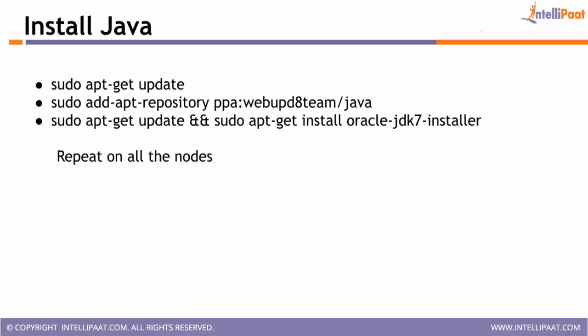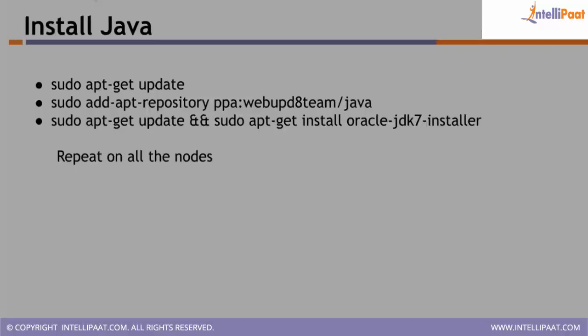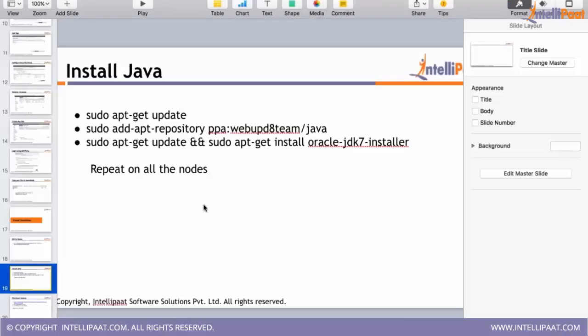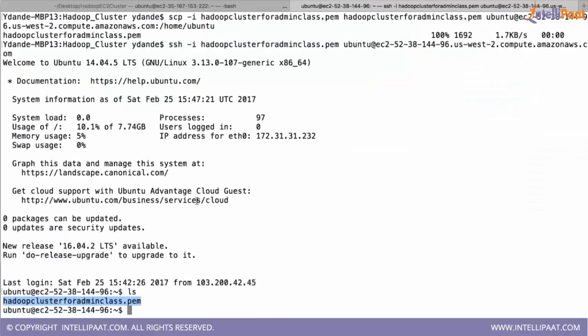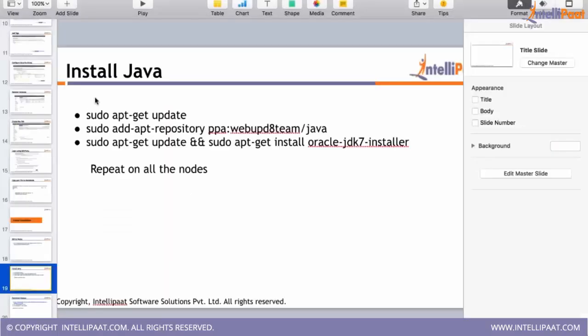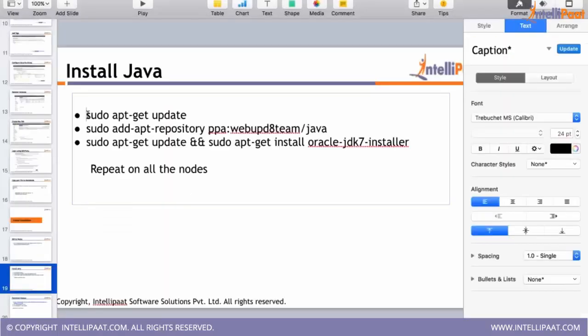Yum is for CentOS, and apt-get is the software which installs new software onto Ubuntu. So we just use these commands for installing Java, and on every machine we have to repeat the same thing.